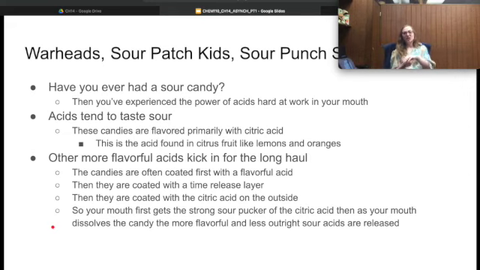So let's say we're going to put some of the acid that's in a grape on our candy first. Then it's often coated with some sort of time-release layer that takes your mouth a bit of time to break down. And then they're coated with citric acid on the outside of that.